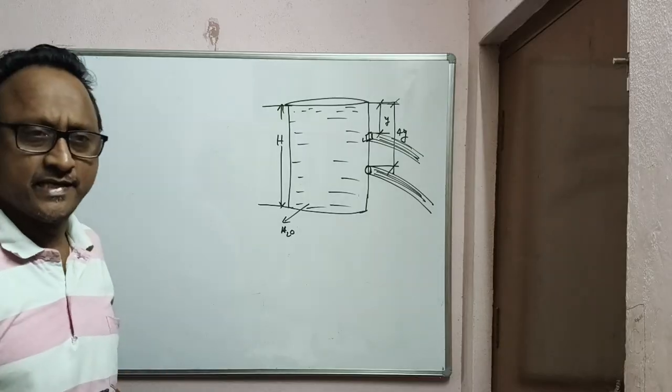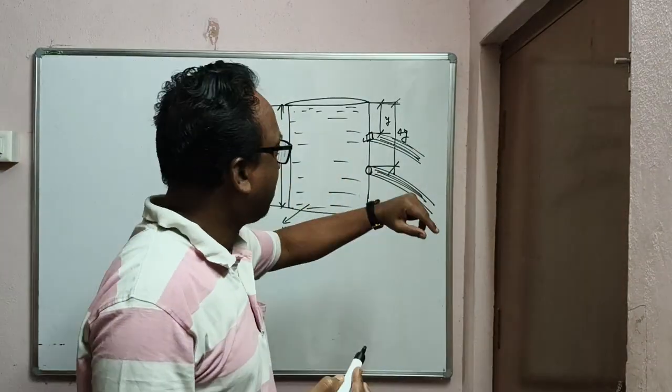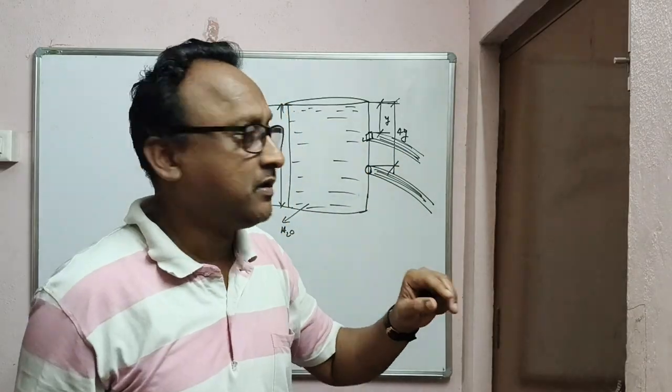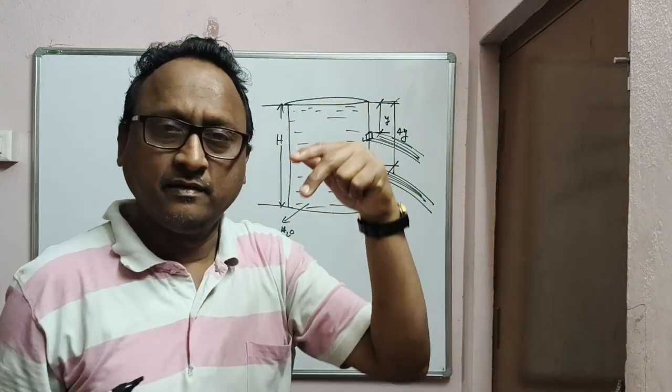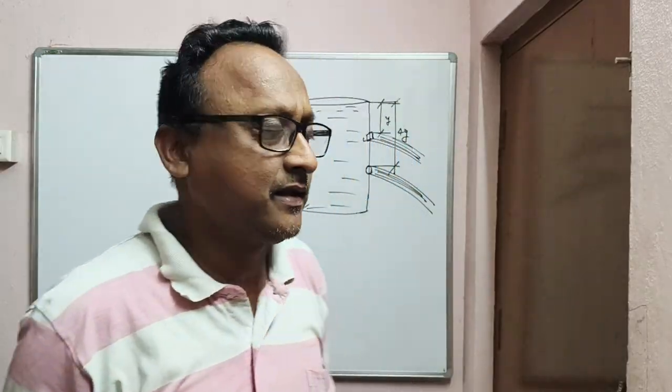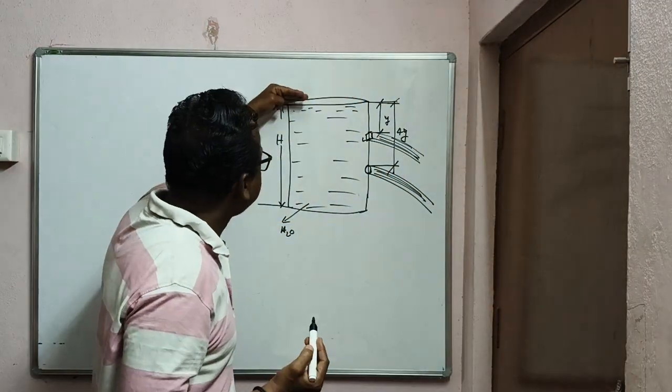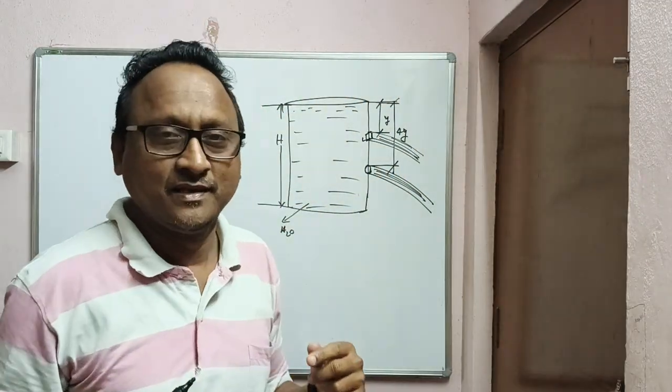Now the question is, water is coming out from both holes, the square hole and the circular hole, at heights y and 4y. But here the water level is not decreasing. That's the point: the water level is constant, it's stable. Are you following?